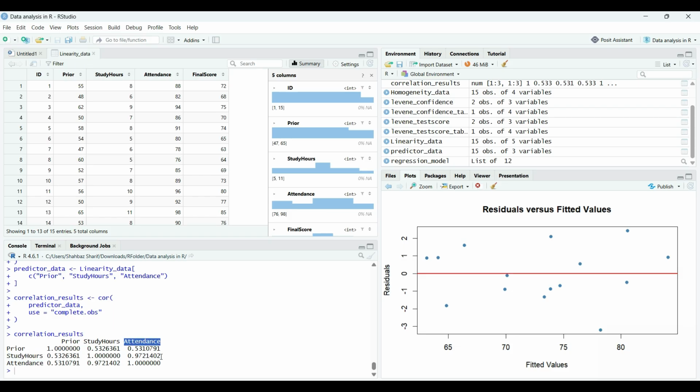You can see here the correlation value is 0.971402. So the value is higher than 0.8, even higher than 0.9. So there may be a multicollinearity issue between study hours and attendance. So we will check VIF value and tolerance level, then we will decide if there is a confirmed multicollinearity between study hours and attendance or not.